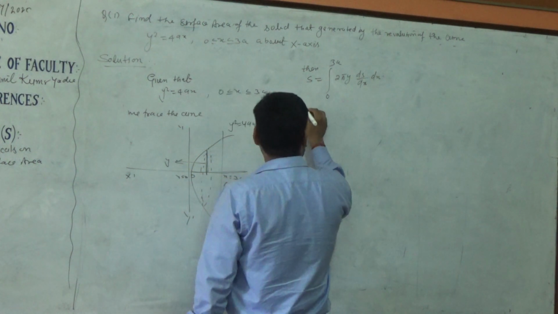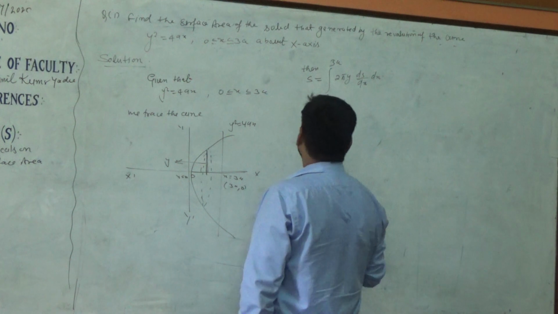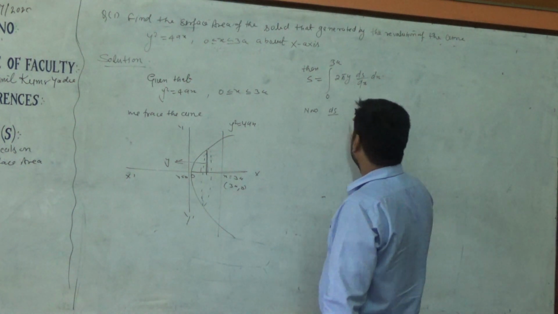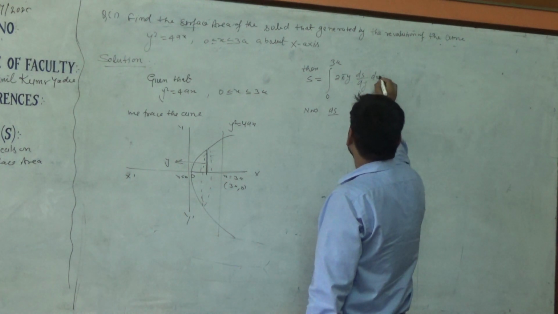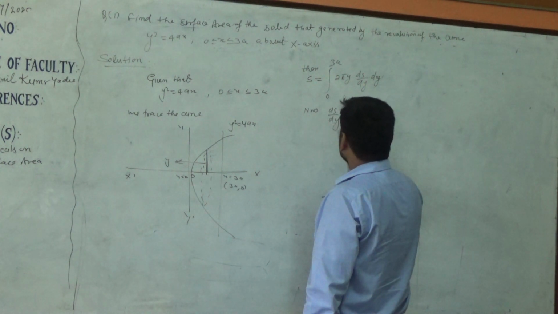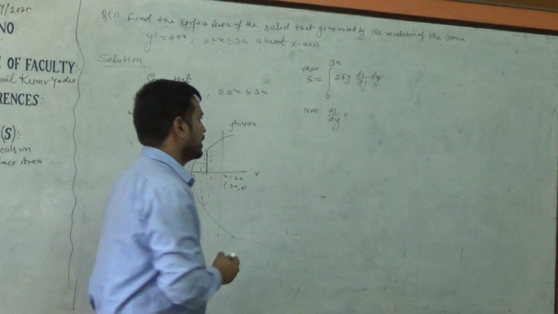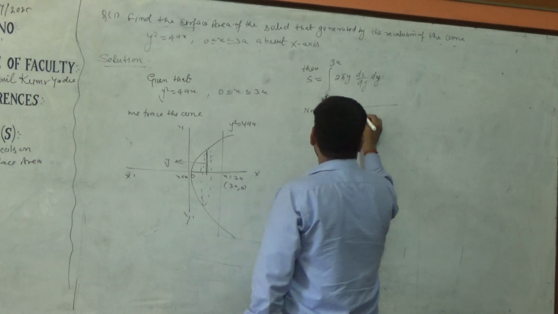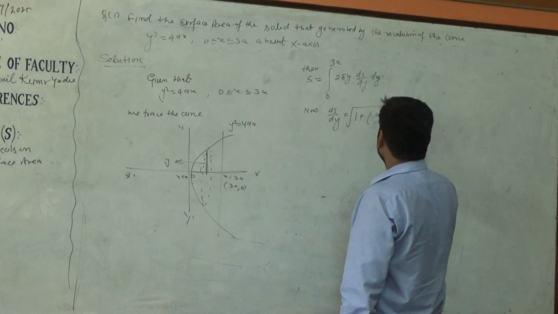Now ds by dx can be calculated using the formula ds by dx equal to under root 1 plus (dy by dx) whole square.